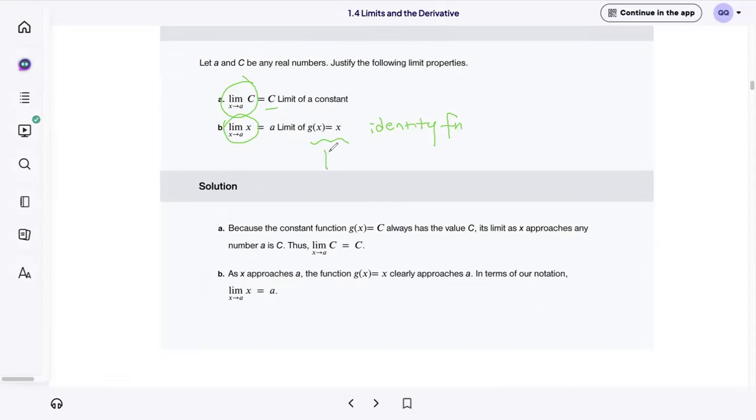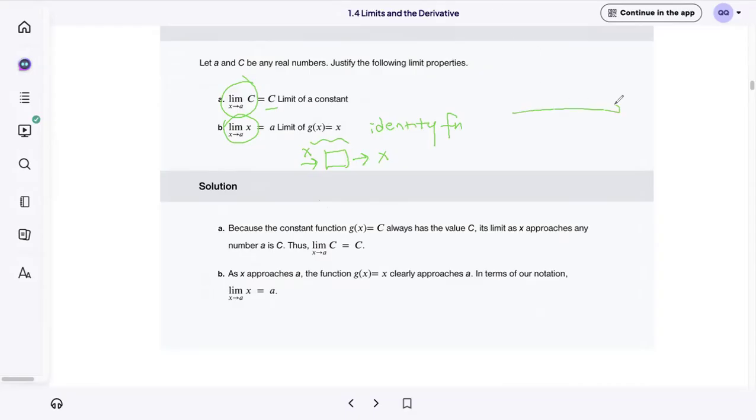Because the machine, you push in x, it gives you x. Nothing has changed. Usually a function changes the input to be a different output, but this function doesn't change anything. You give this function x, it outputs x. So it's called the identity function. Nothing changed. So the identity function is just itself.